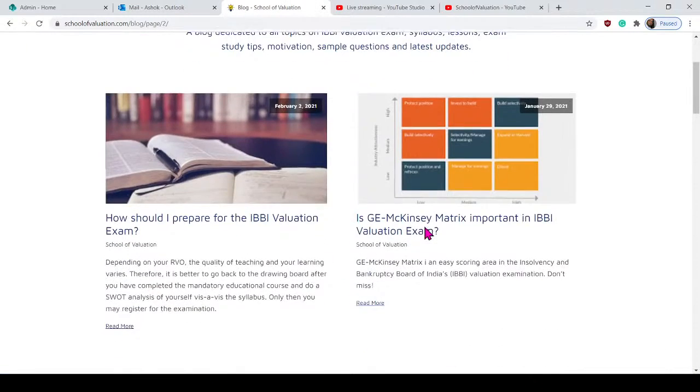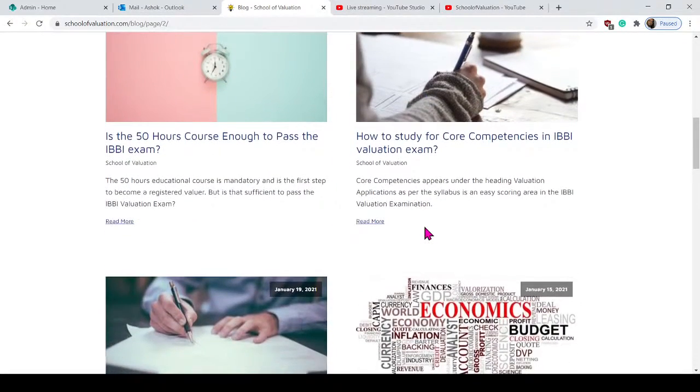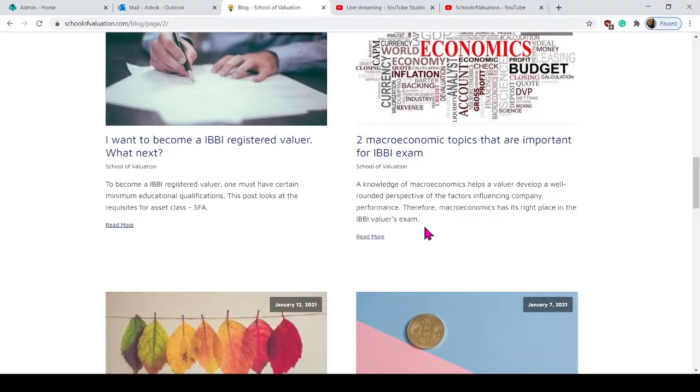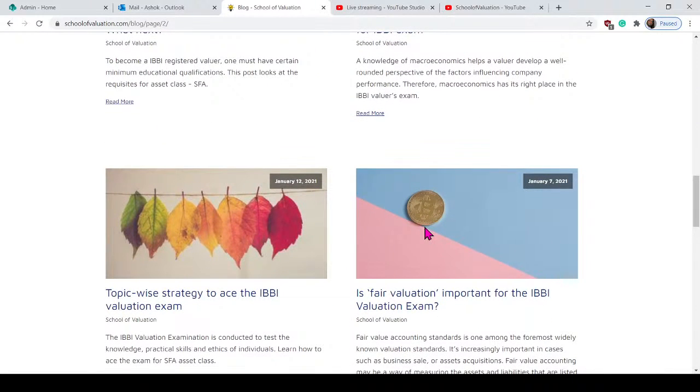Do feel free to go through these things. Some of these are interesting. There might be one general article, which may not be relevant for your exams, like which is the best RVO and things like that. That is something for new students who haven't registered yet.